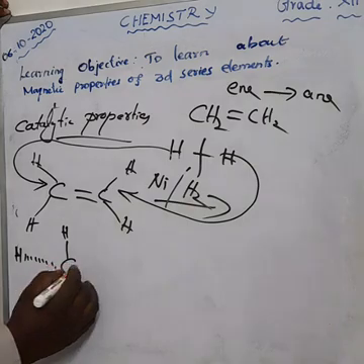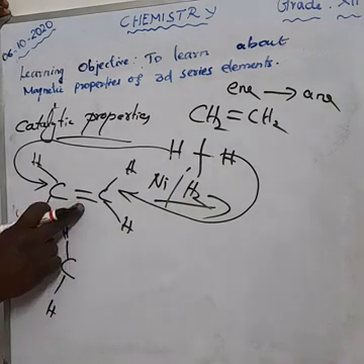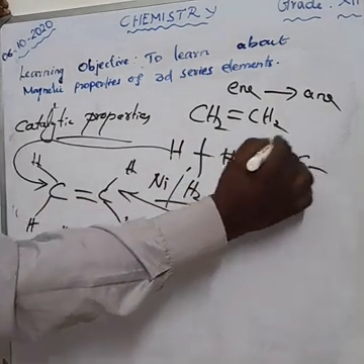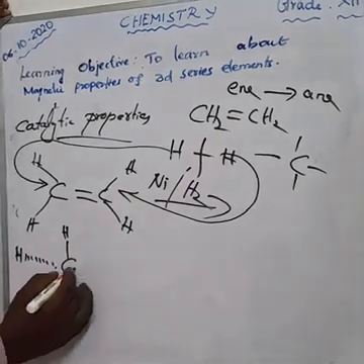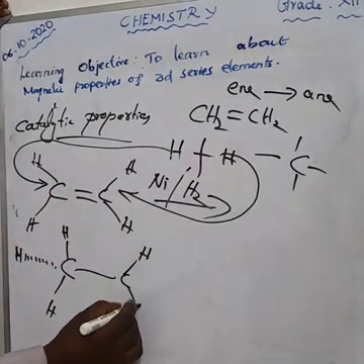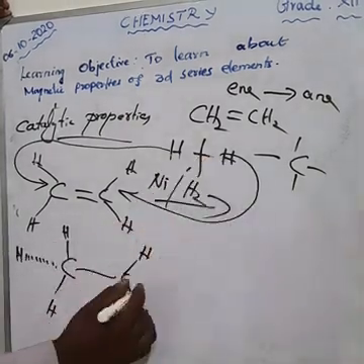CH3. The double bond is converted into single bond. Am I right? Because carbon is tetravalent, carbon has 4 valency, the double bond is converted into single bond. This hydrogen will be attached here.